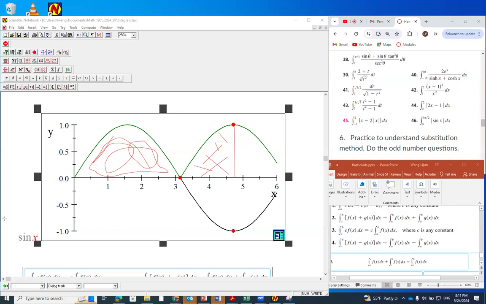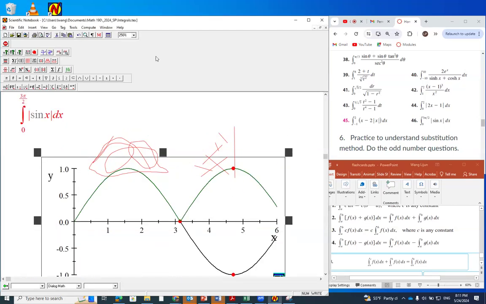We're going to apply the properties of absolute value.